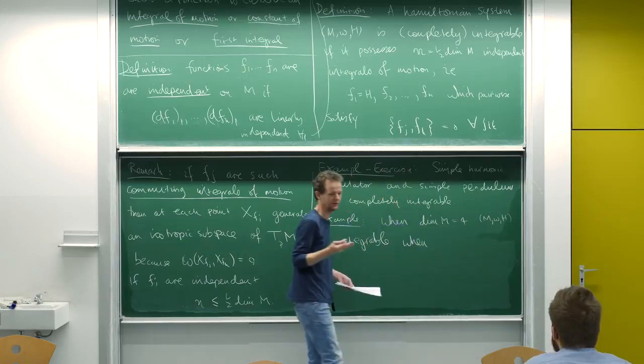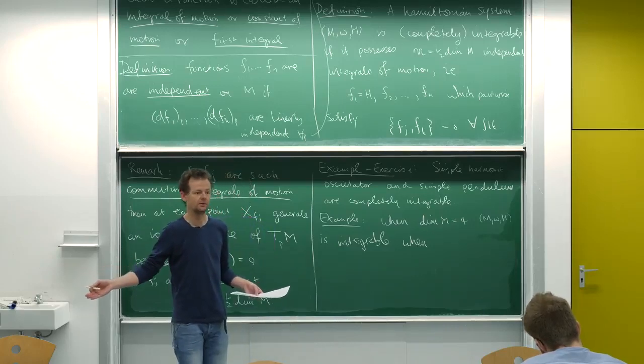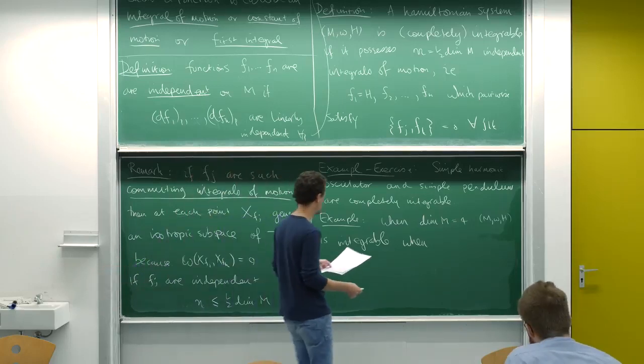You have one first integral, the Hamiltonian, so all we need is one other independent first integral, and then we know the system is completely integrable.